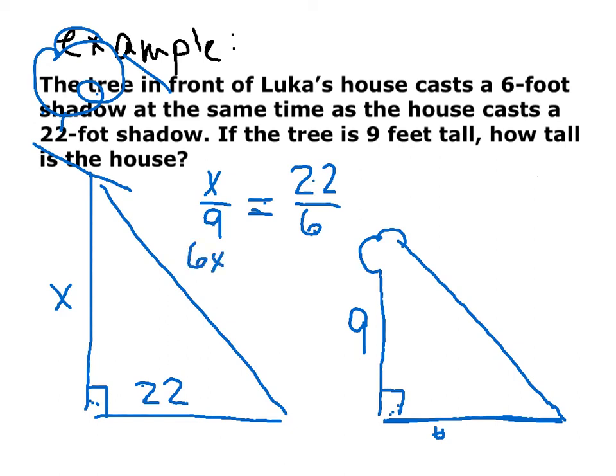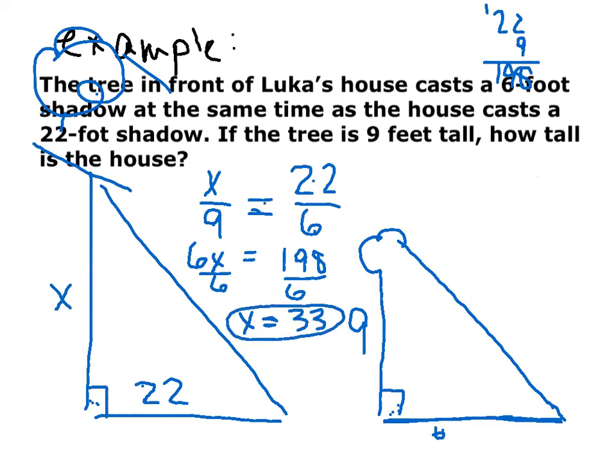Cross multiply. 6x equals 9 times 22, which is 198. Divide both sides by 6. x equals 33. So your house is 33 feet tall.